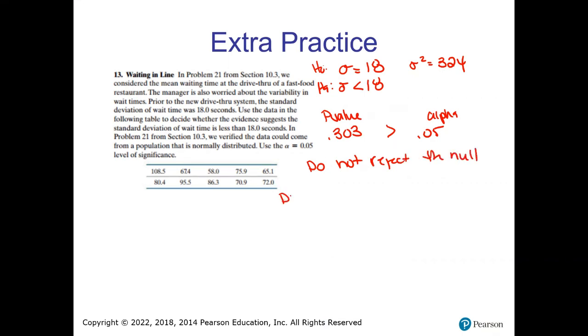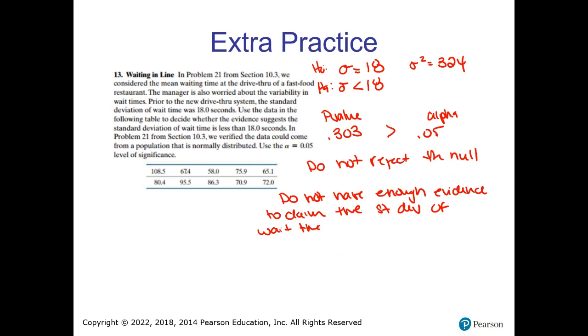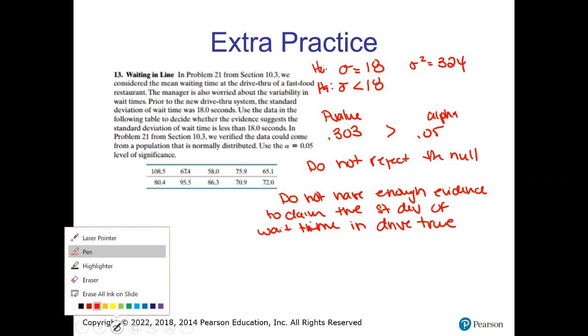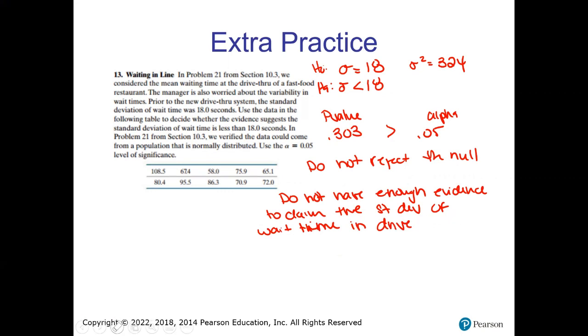And if we do not reject the null, we do not have enough evidence to claim the standard deviation of wait time in the drive-through is less than 18 seconds.